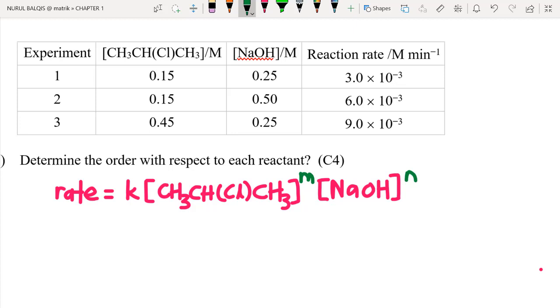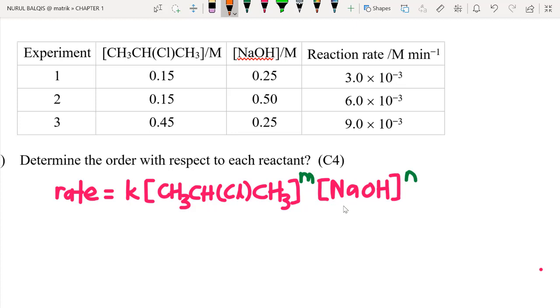So you need to find the order with respect to each reactant. In order for you to find the order for each reactant, you must make one of them constant. So if let's say you want to find the order for the first reactant, which is m, you need to take the concentration of sodium hydroxide which has the constant value. For this initial rate method, we need to compare between two experiments. Since we want to find the order for m, we need to look at the concentration of sodium hydroxide that has a constant value.